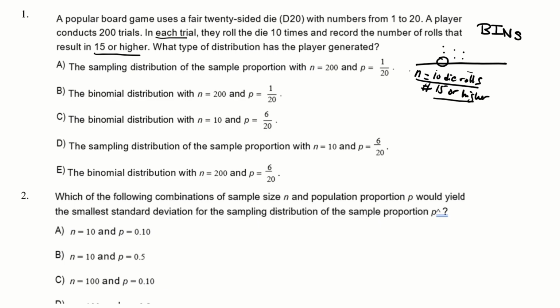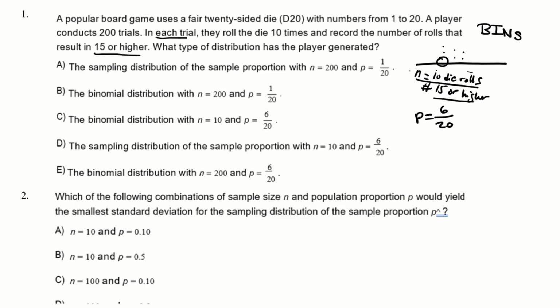For an individual trial, if you look at a die with 20 numbers, it's 15, 16, 17, 18, 19, 20, right? So that's going to be 6 numbers out of 20. Again, we're looking at an individual dot, 10 die rolls, 15 or higher.